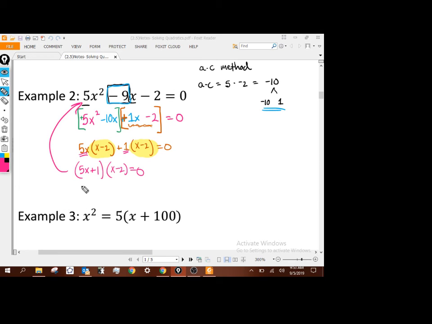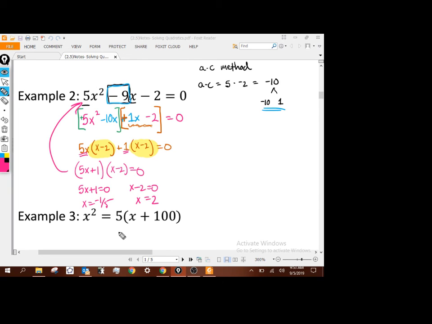Yep. So then the zero product property tells me this. And then algebra tells me that. And those would be our two solutions then, right? You guys remember those two techniques? Yeah. Okay.